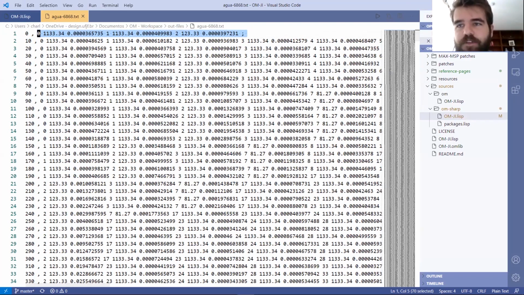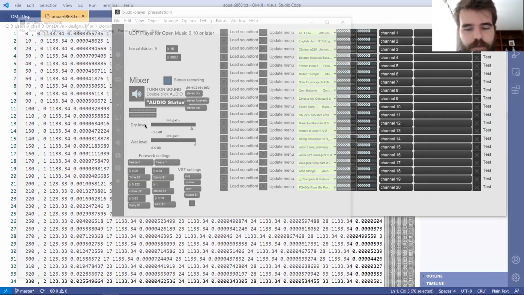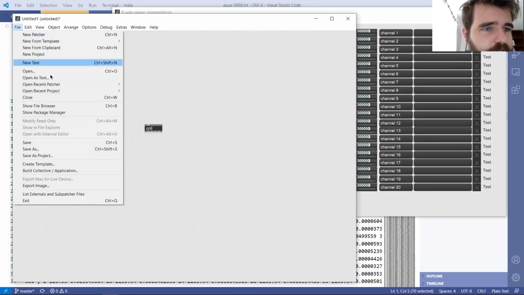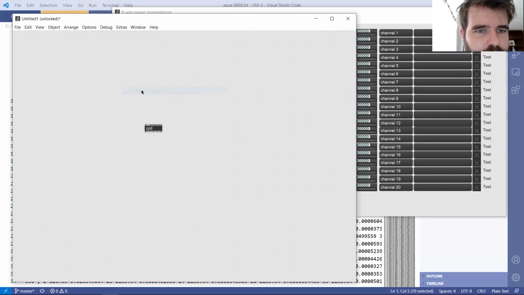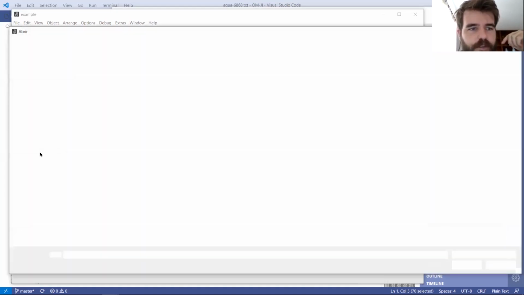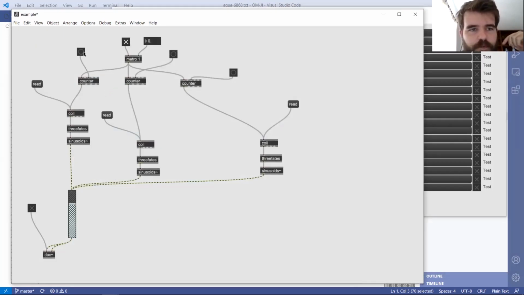So I use some objects of the library. For example, I put here a call, three fades is the name of the object, then the sinoids. If I read the call in the out files, for example this, you can hear it.